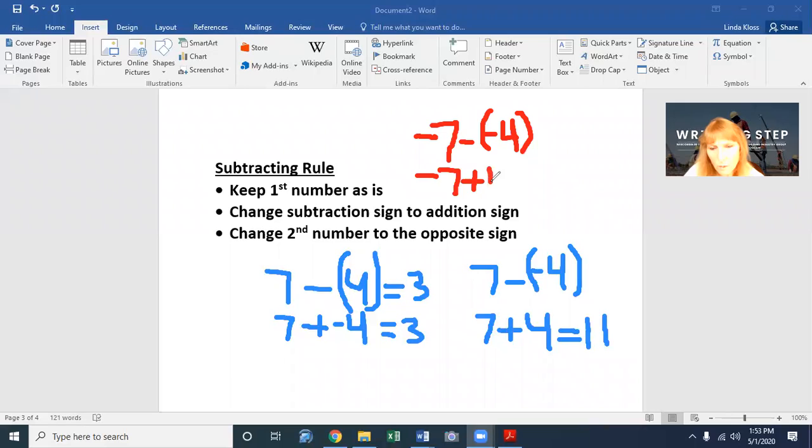So now it's going to become a positive 4. Now don't get tricked. What's the answer to negative 7 plus positive 4? Which one has the bigger absolute value? 7, right? So the answer is going to be negative 3. You have to subtract the numbers. The answer takes the sign of the bigger number. So once you change it to an addition equation, you're going back into the rules for adding different signed numbers that we were just working with.